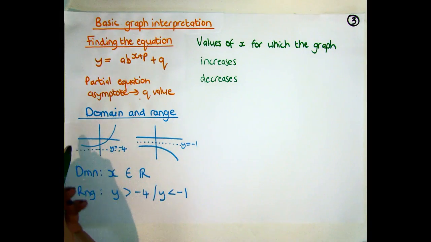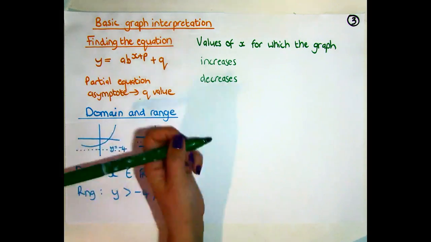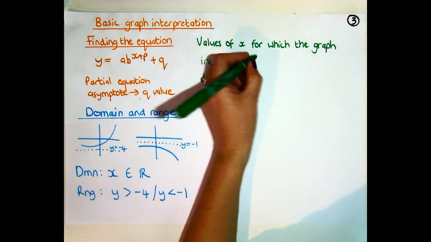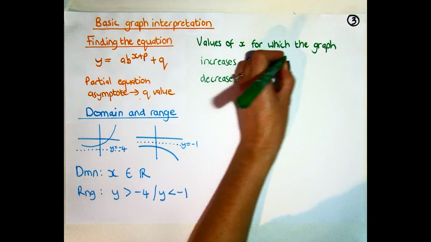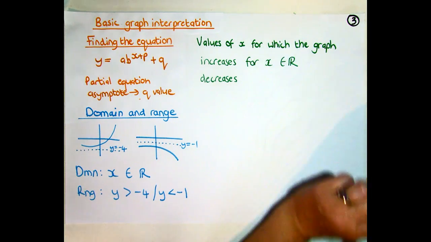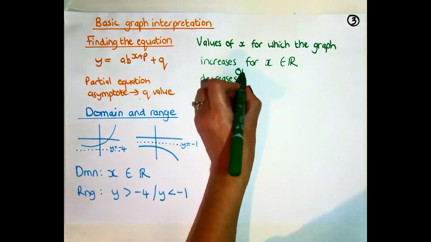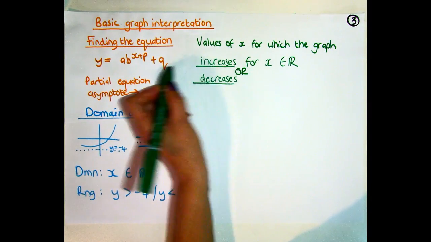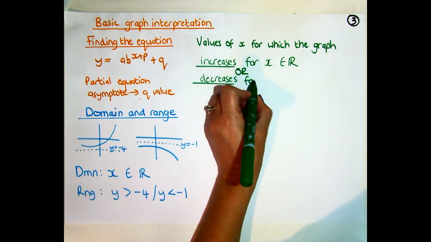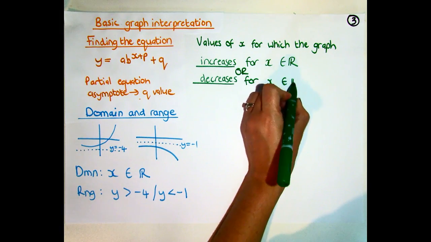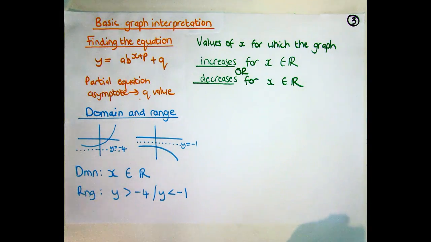So for a graph that is increasing, you would say for x is an element of real numbers, or you could write the sentence out, for all values of x. Or it decreases for x is an element of real numbers, or all values of x.